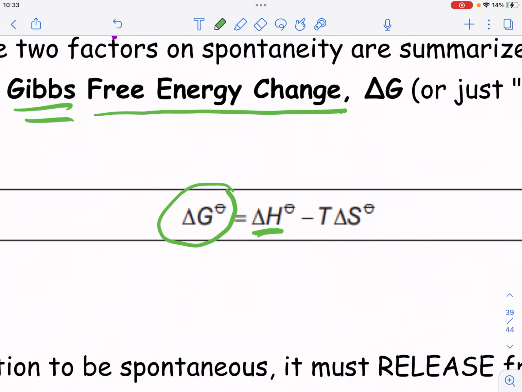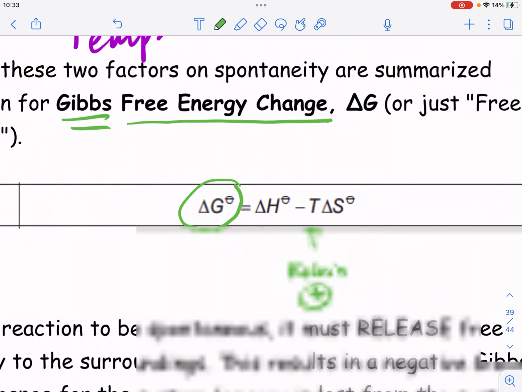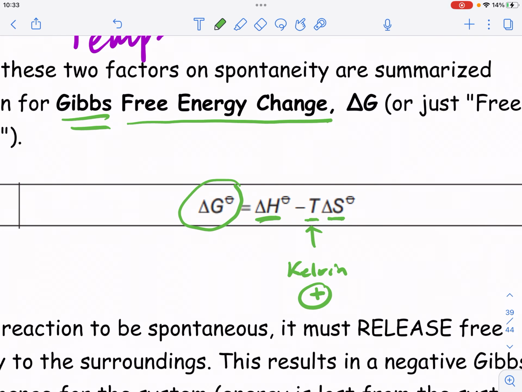We have the delta H term to consider, we have the delta S term to consider, and we have the temperature term to consider. And the temperature has to be in Kelvin, which means it's always a positive value, because the lowest Kelvin temperature is 0. And we can see that the temperature is being multiplied by the entropy term, and that's why the Kelvin unit will cancel out. And so everything will be energy per mole.